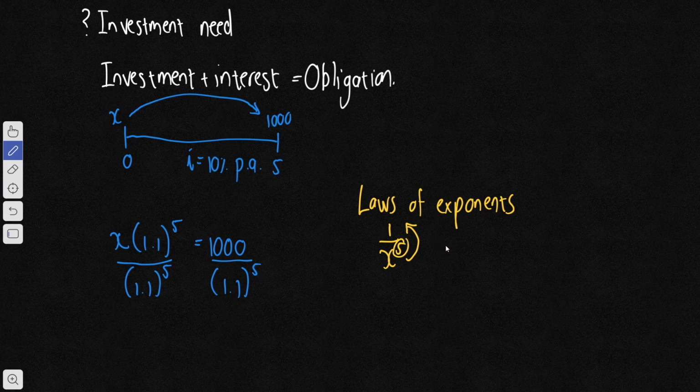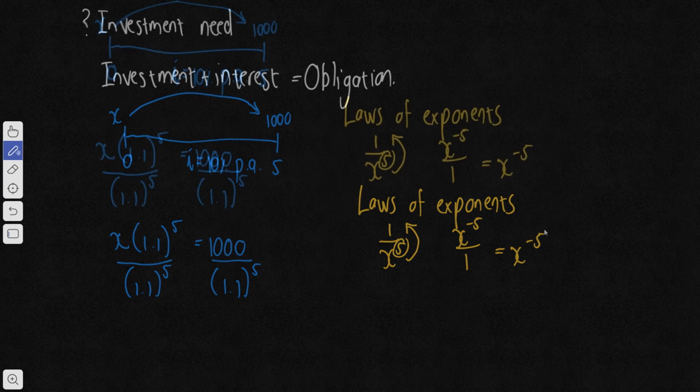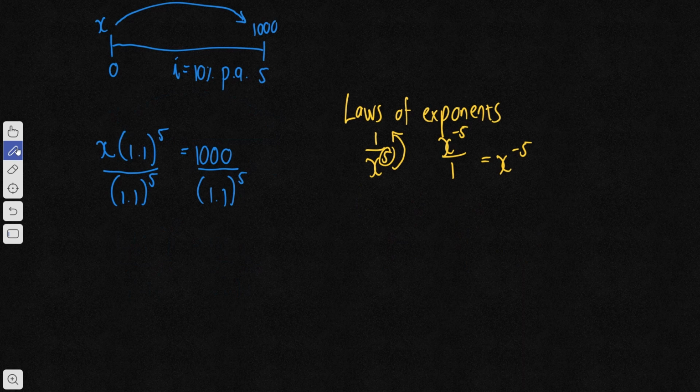In other words, we can say this is x to the power minus 5 over 1, and any number over 1 is just the number itself. So x to the power minus 5. By using this rule, we can rewrite our equation as x is equal to 1,000 multiplied by 1.1 to the power negative 5.